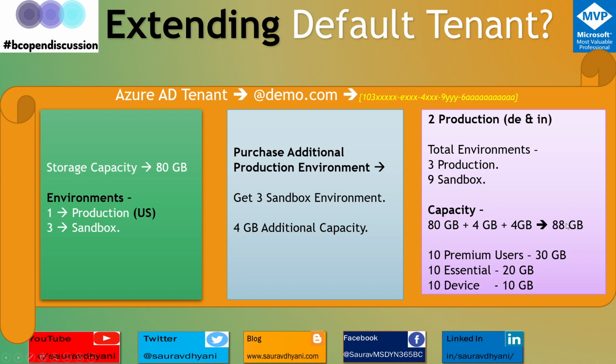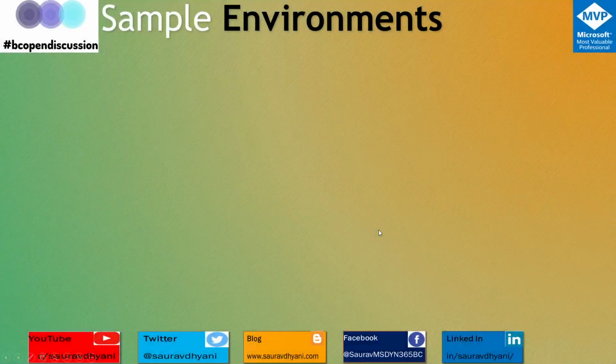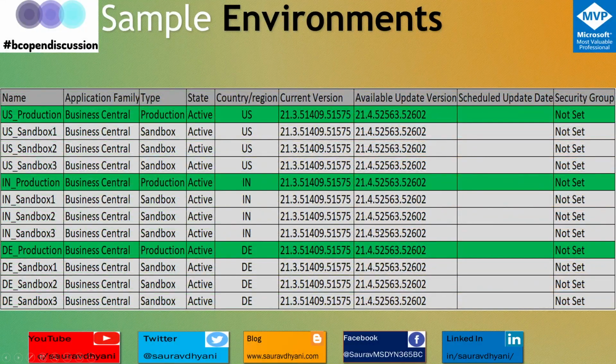With this, when you look at your admin center in Business Central SaaS, it will look something like this. You will have a US production and then three US sandboxes if you want, and they will be targeting the country region US. In the same way, you will have an India production and you can have three sandboxes for India.